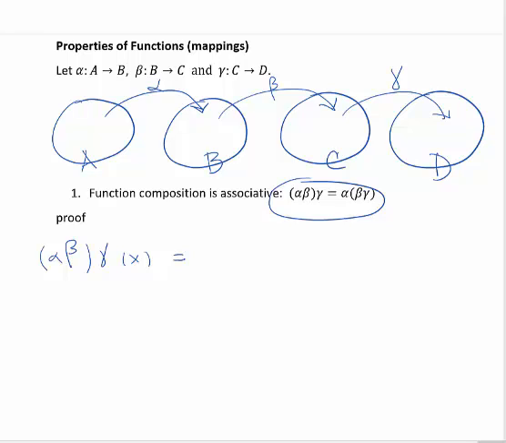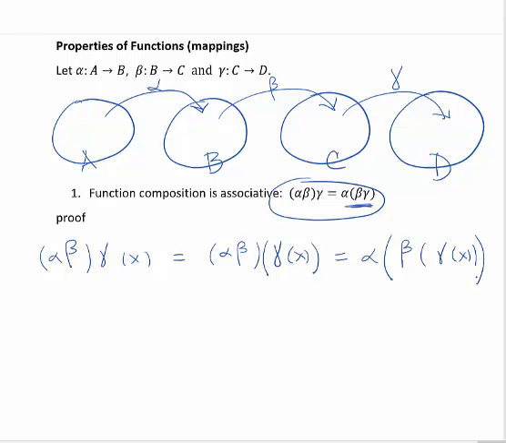So alpha, beta, gamma is a mapping from A to D, and so is alpha of beta, gamma, applying beta, gamma first and then alpha. It doesn't matter which we apply first. So this would be alpha beta of gamma of x, which is alpha of beta of gamma of x.